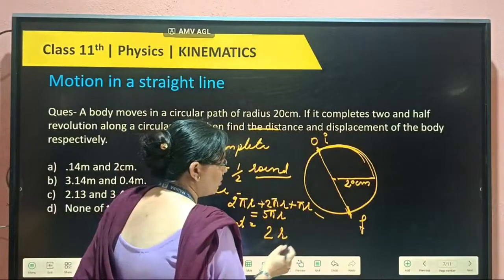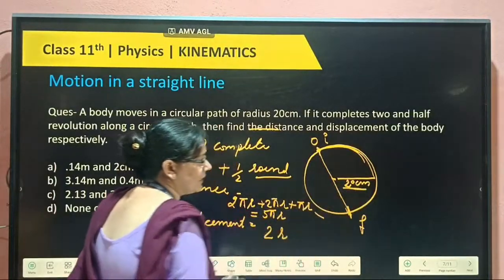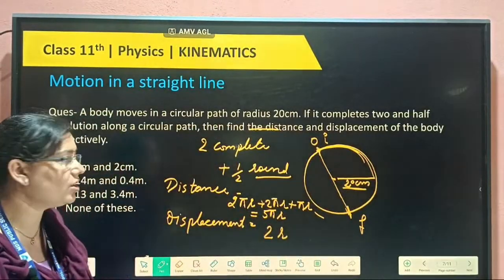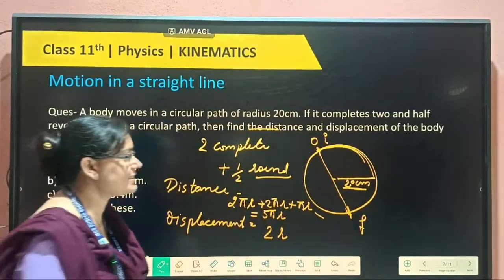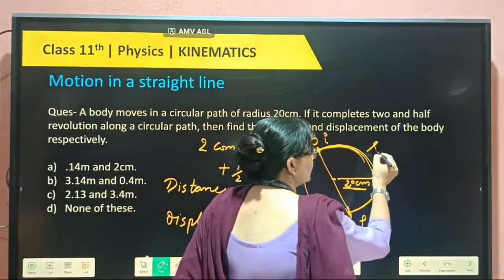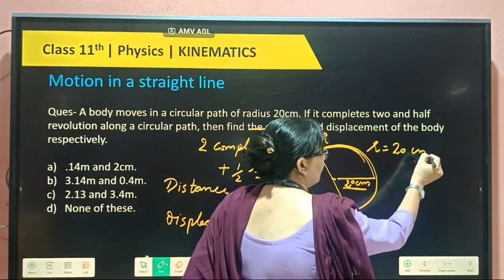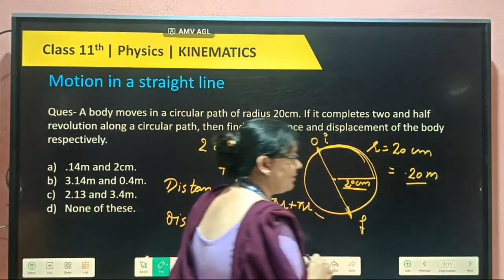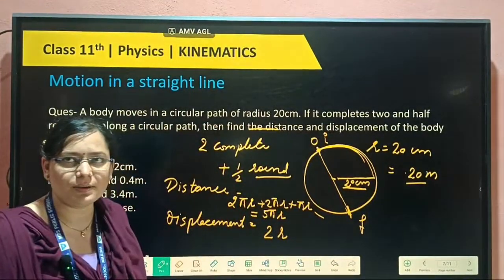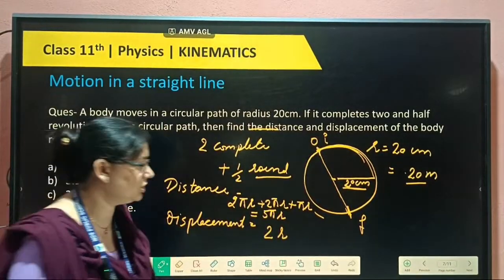So we can put in the values. R is given, beta, as 20 centimeter. First check whether the units in your question are given in SI or not. Here the radius is given as 20 centimeter, so first we have to convert it into the SI unit. Centimeter converted into meter gives 0.20 meter.